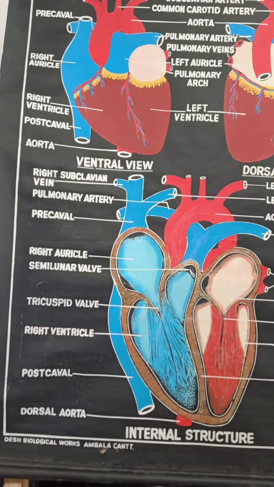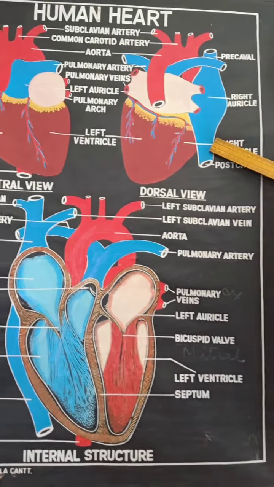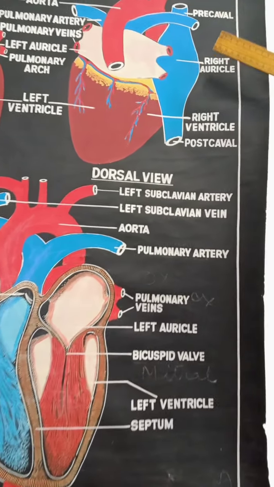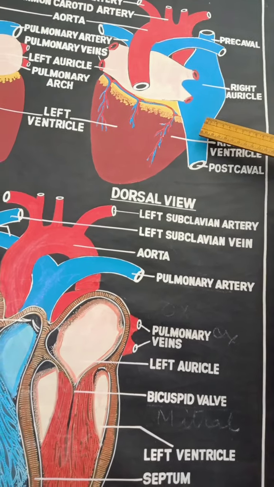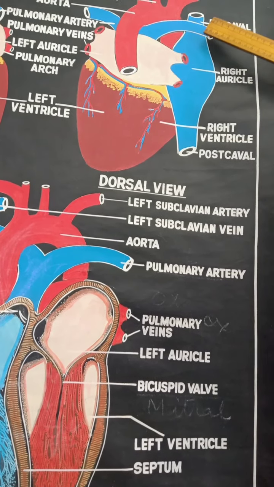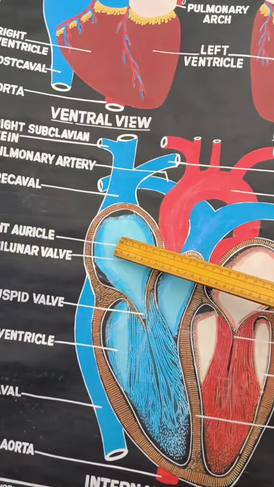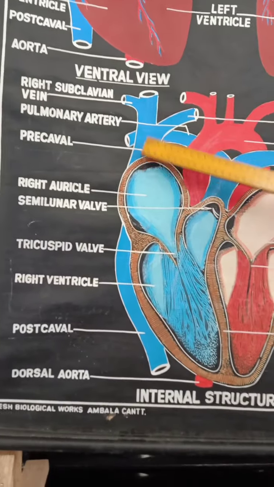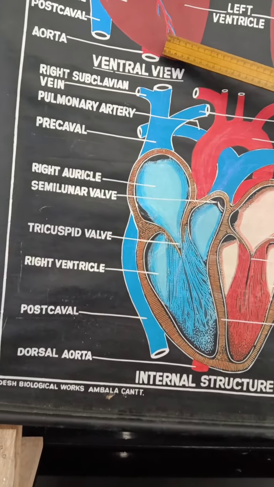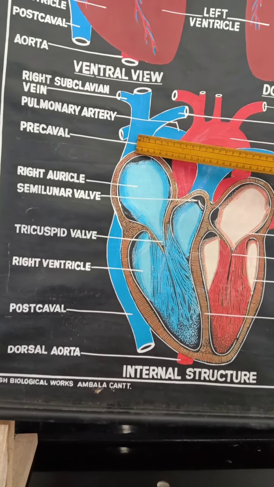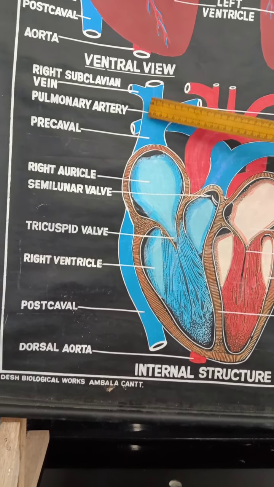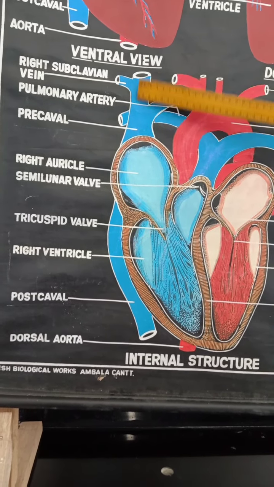Now one more pair of major blood vessels is the vena cava. There are two vena cava which open into the right atrium. The one bringing deoxygenated blood from the upper body parts, that is the shoulder and head, is known as the superior vena cava.